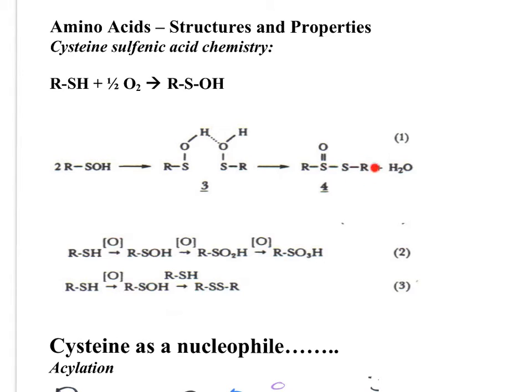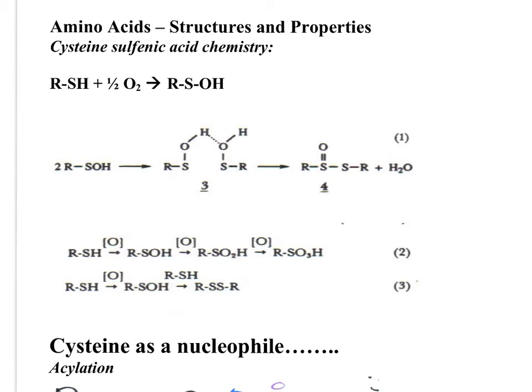So this looks like a disulfide linkage with an S double bond O present. So that's one of the fates of the sulfenic acid. The sulfenic acid can also go on to be further oxidized. That's what this is showing. So now you get to sulfonic acid and different levels of oxidation.